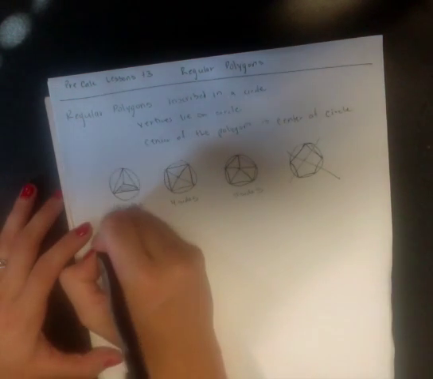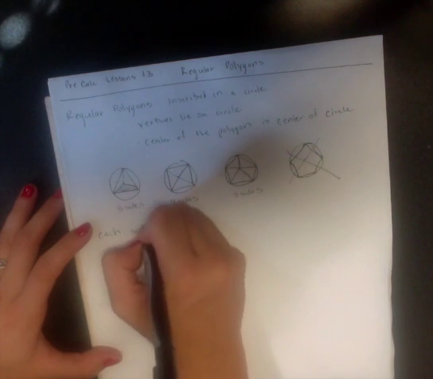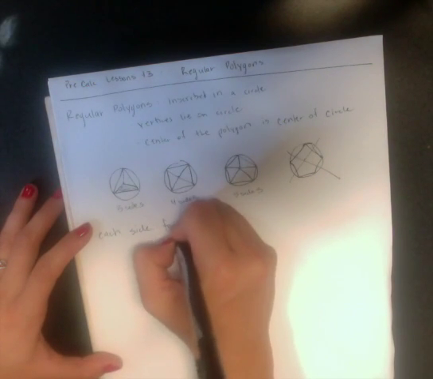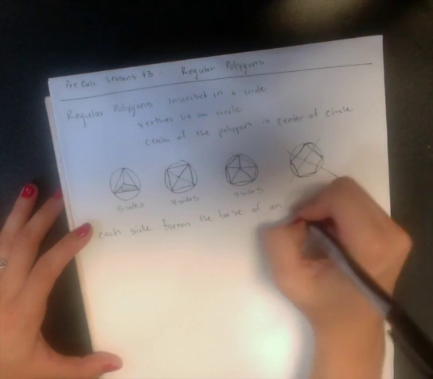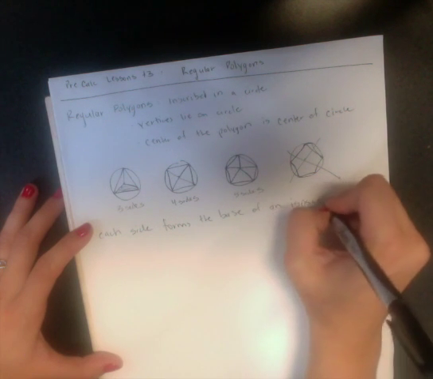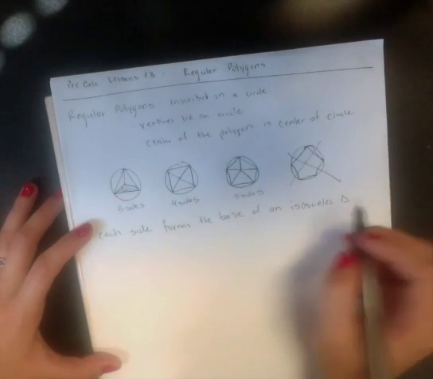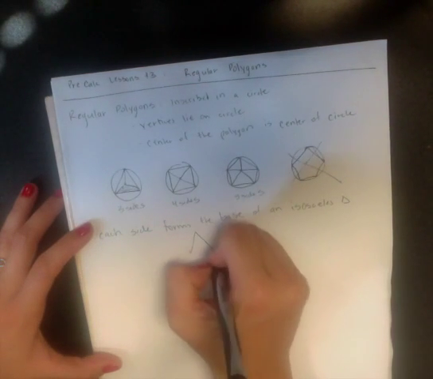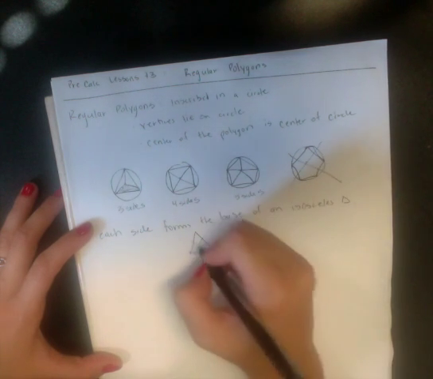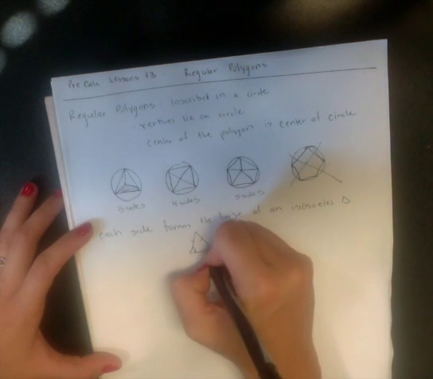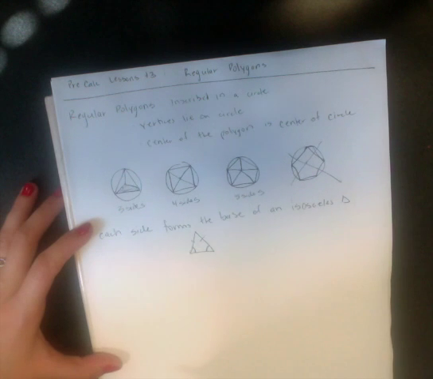Okay? Now, each side forms the base of an isosceles triangle. We remember that an isosceles triangle means that at least 2 of the sides are equal and the opposite angles to the equal sides are also equal.